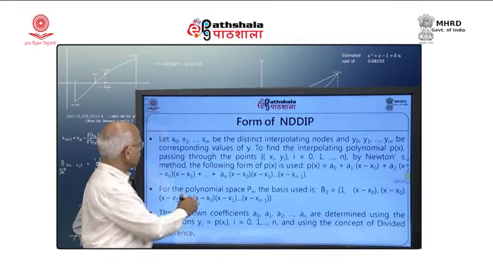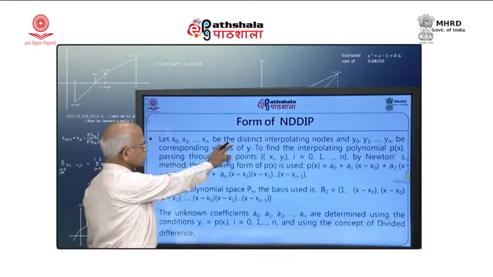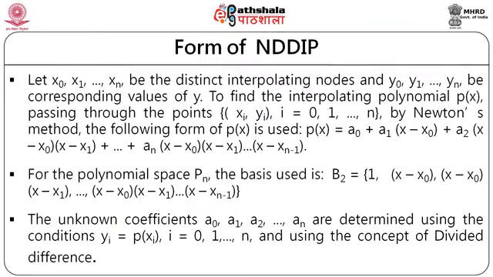Now, in Newton's divided difference interpolation, we take distinct nodes as earlier, x 0, x 1, x 2, x 3, up to x n, with the corresponding values of y, and to find the interpolating polynomial p x passing through the points x i, y i, by Newton's method, the following form of p x is used.